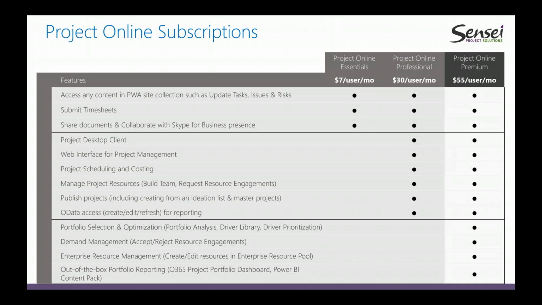This is a breakdown of functionality, and one of the interesting things about these licenses and the way that Microsoft put this together was that they offered the Project Online Essentials license, which allows your team members, at a low price point, about a venti caramel macchiato per month, to participate and consume and contribute to the content in a fully functioning PMO site.